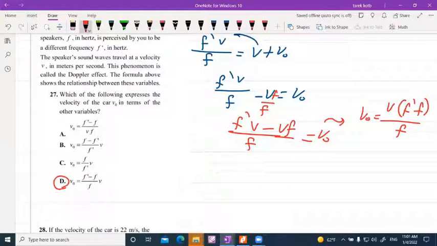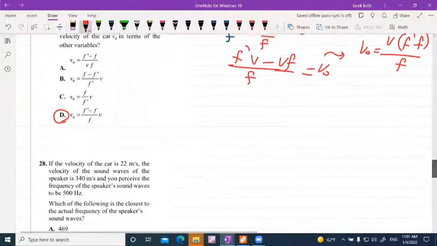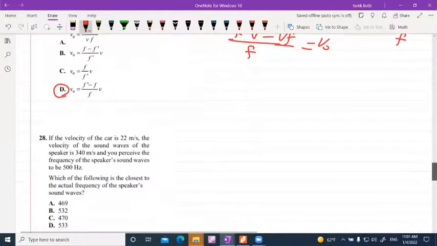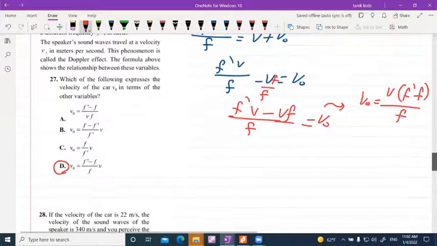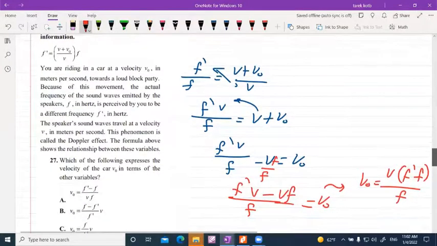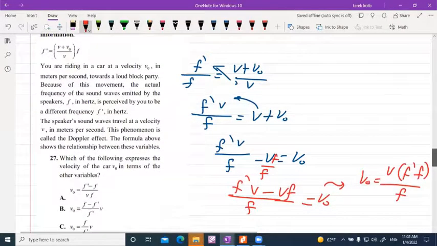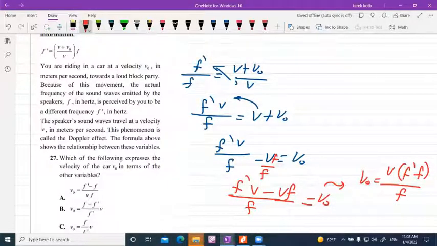Number 28, also related to the same problem. If the velocity of the car is 22. So let's go back to the problem and see what F and F dash are. You are riding in a car at a velocity V0 in meters per second towards a loud block party.